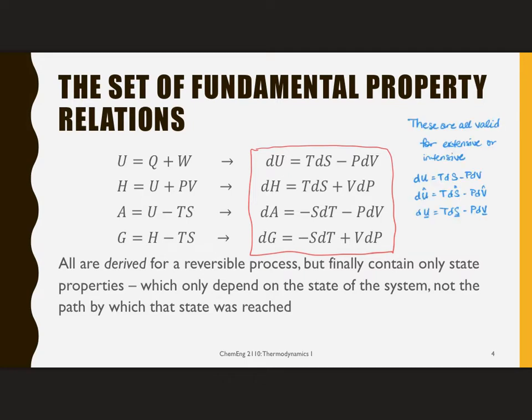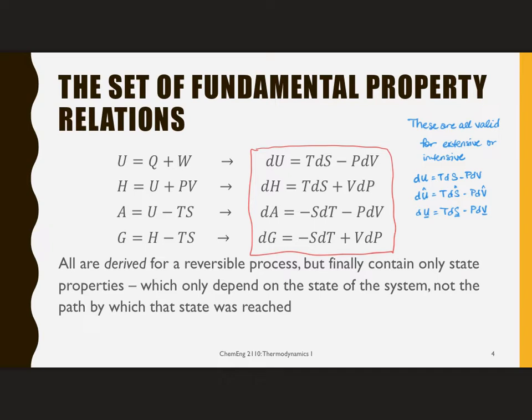And once more, as a reminder, all of these are going to be valid for both extensive and intensive cases. So for instance, looking at that first one, dU, it could be the extensive case, dU equals TdS minus PdV, where each of those are extensive.